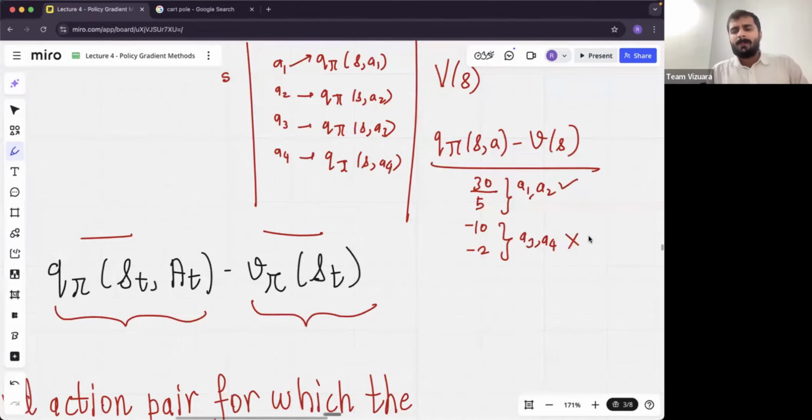And we have actually been doing this, if you remember dynamic programming. In dynamic programming, remember what we did? We initially predicted the value function for a specific policy, and then we checked, is there any action for which the Q value is greater than the value function? If that action exists, we modified the policy such that that action is taken whenever that state is encountered next.